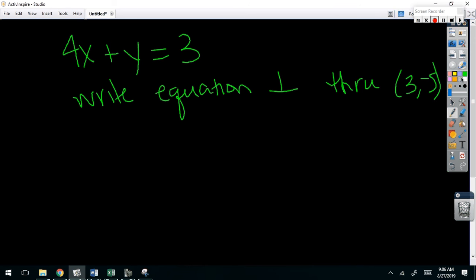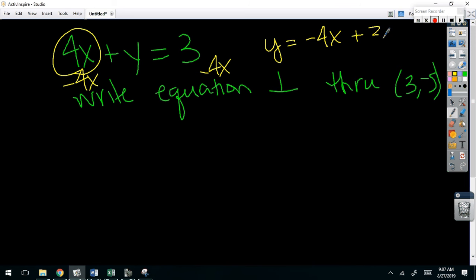It's in standard form. How can I get it in a form where I can see the slope easily? Move the 4x, subtract it. Get y by itself. When in doubt, get y by itself. I'm going to put the negative 4x first so that I can see the slope. So now what's my new slope?